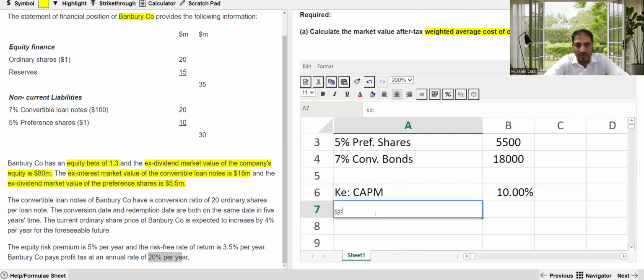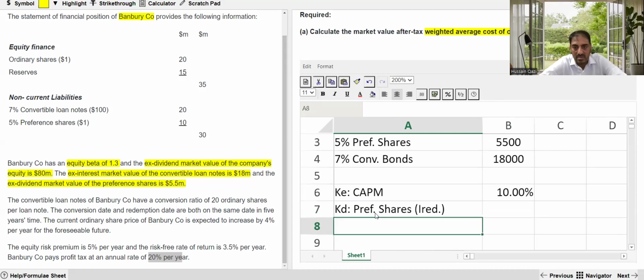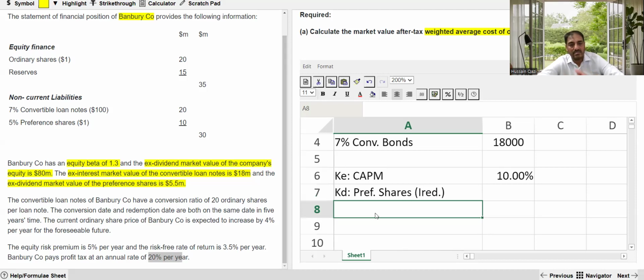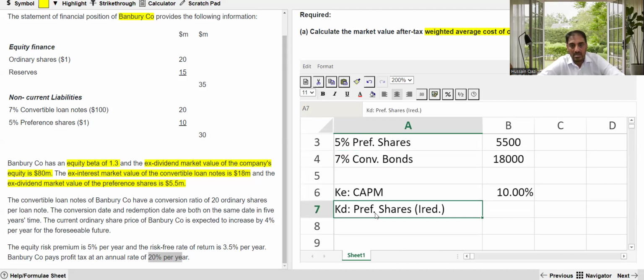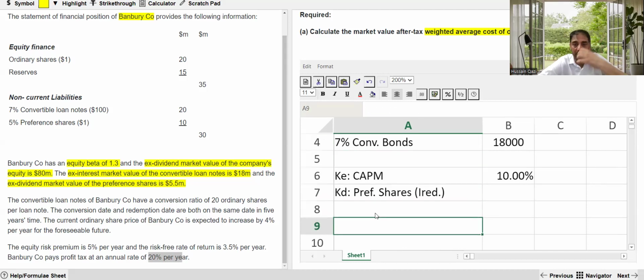Now need to work out for KD preference shares. Irredeemable. That's preference shares, that's called irredeemable.